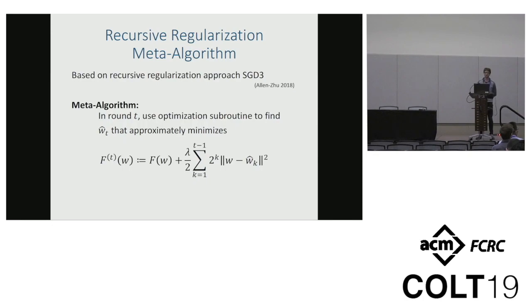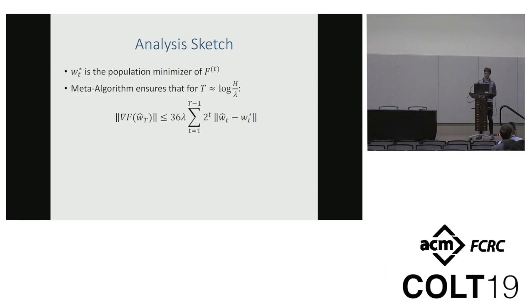In each round, we approximately solve these subproblems using an arbitrary plug-in solver of your choice. We show in the analysis that after a small number of rounds, the norm of the gradient is bounded by a weighted sum of the optimization errors given by these subroutines.